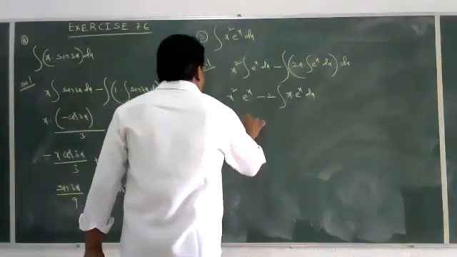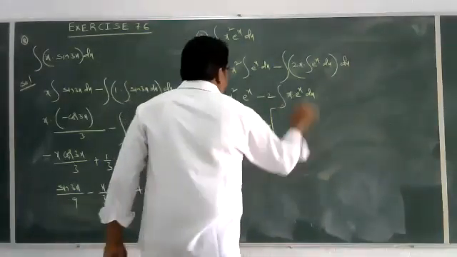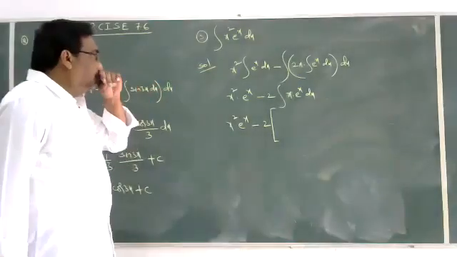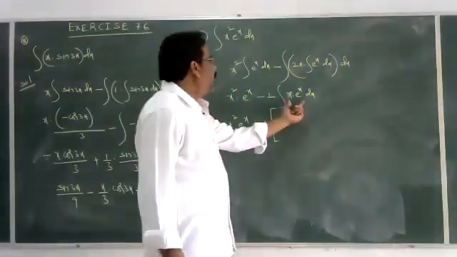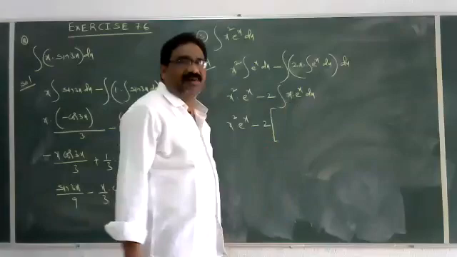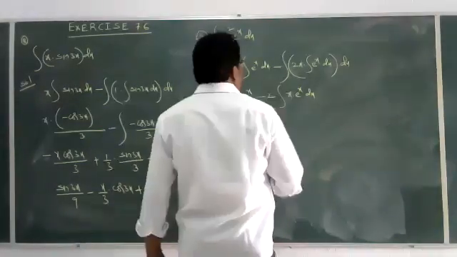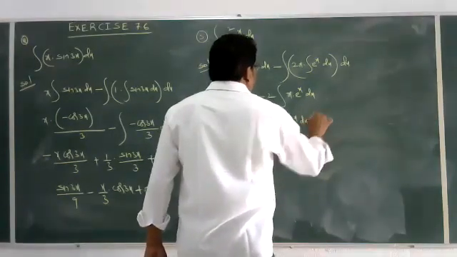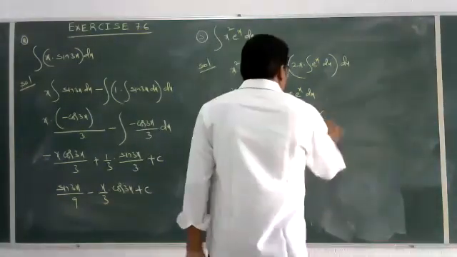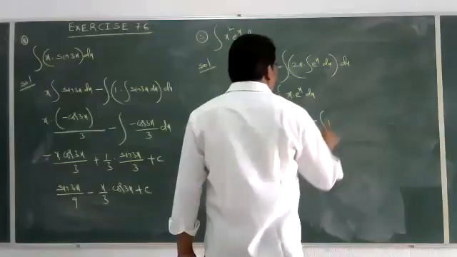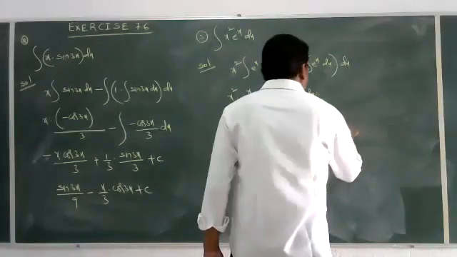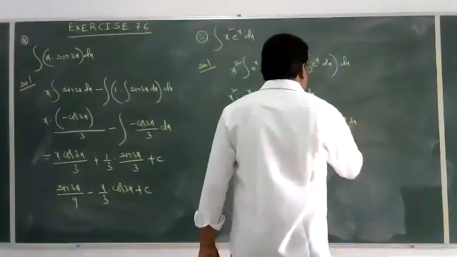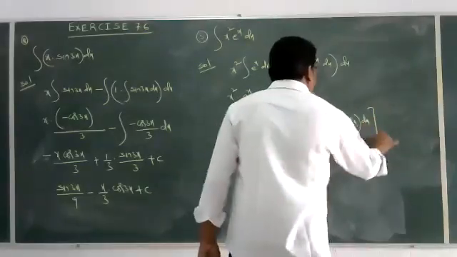That is x square into e power x minus 2 in bracket. You can apply integration by parts again. The algebraic function is the first function. X into integration of e power x dx minus integral of the derivative of x, which is 1, into integration of e power x dx for whole dx.